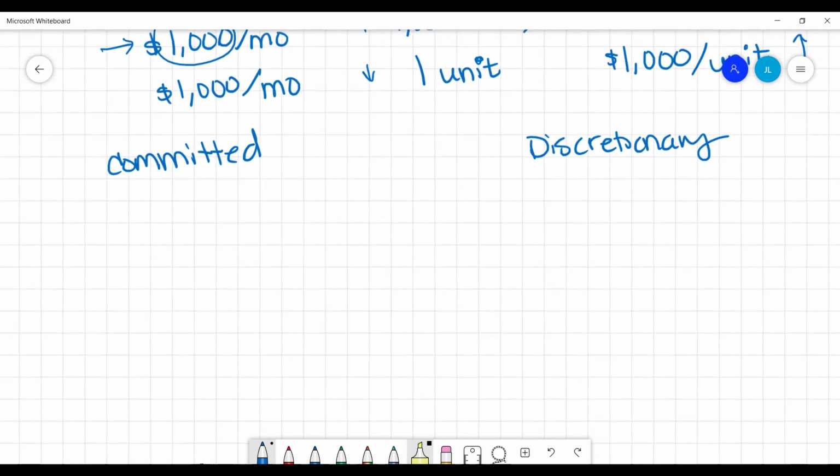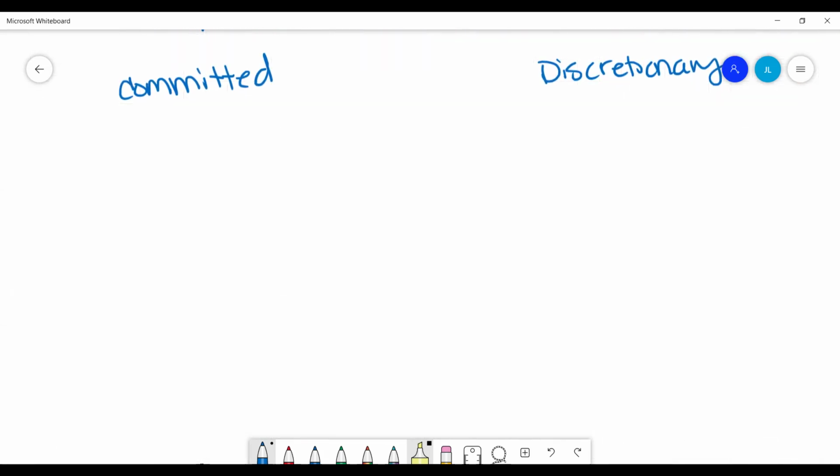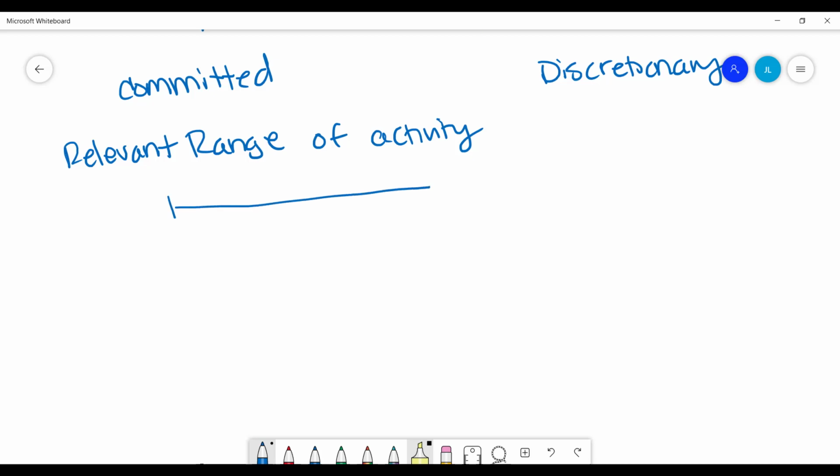Okay, so these rules for how fixed and variable costs behave apply only to the relevant range of activity. The relevant range is basically a range of activity at which certain cost behaviors apply.